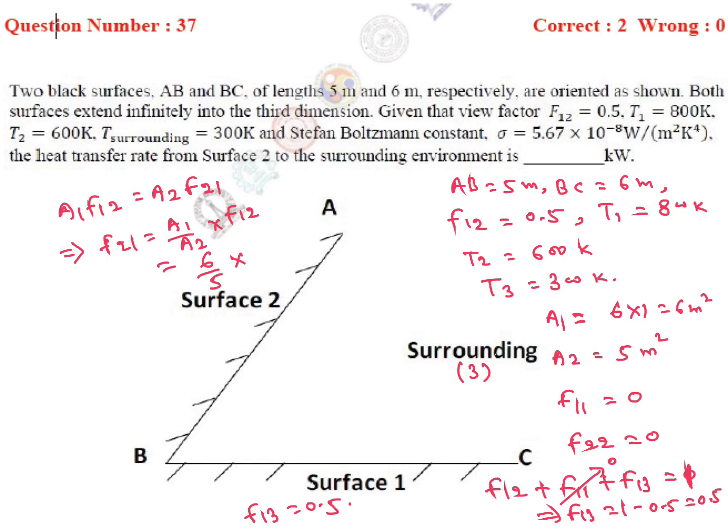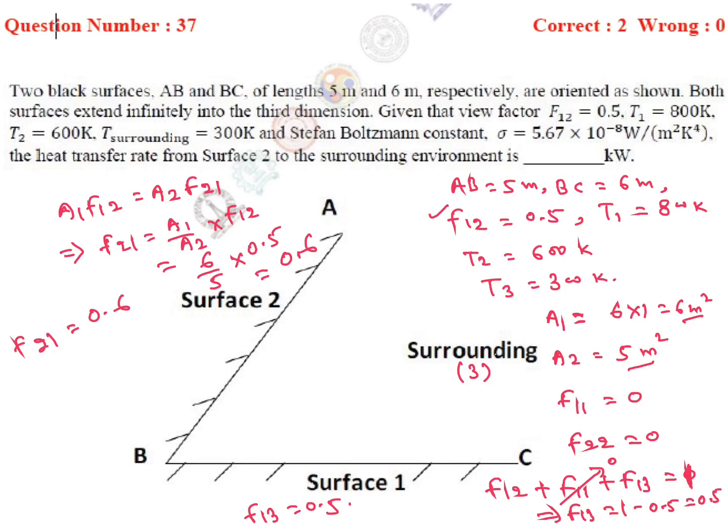A1 is 6 meter square, A2 is 5 meter square, so 6 by 5 into 0.5. The final answer you will get is 0.6, F21 equal to 0.6.